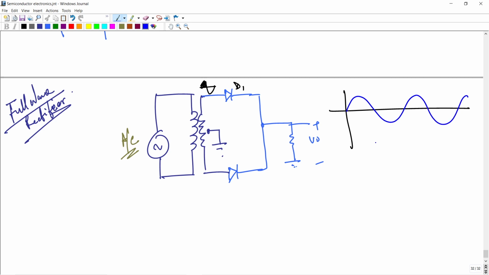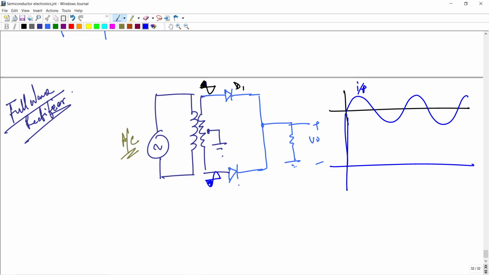When the positive part falls on D1, D1 conducts. Similarly, on the other terminal, it looks like this: positive here, and in the opposite direction negative here.